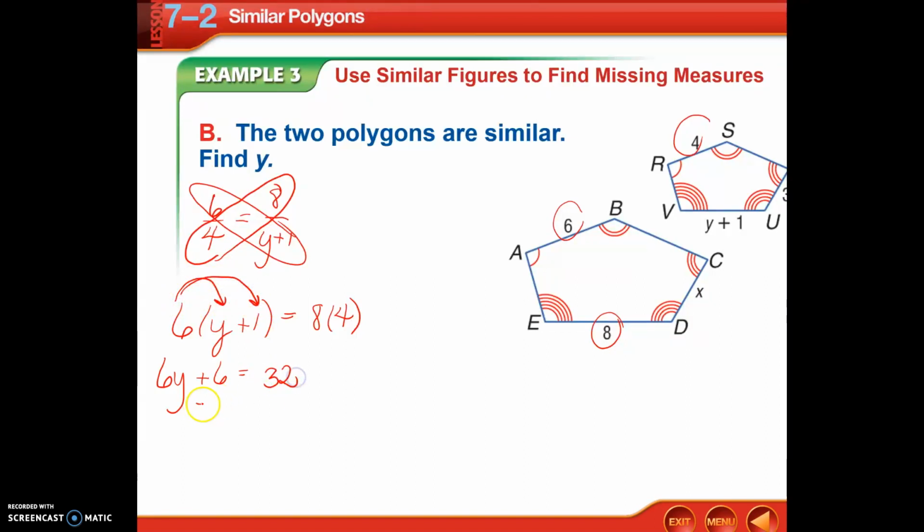Subtract 6. 6y equals 26, and then divide by 6. So y equals 4.33, or so 4.3. So that's how we're going to use our similar proportions to solve for our unknowns.